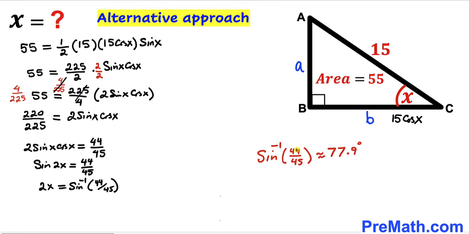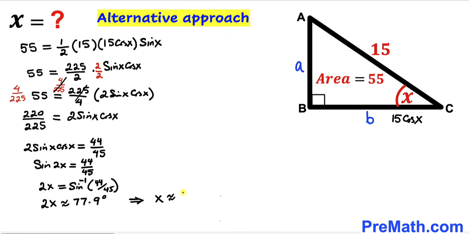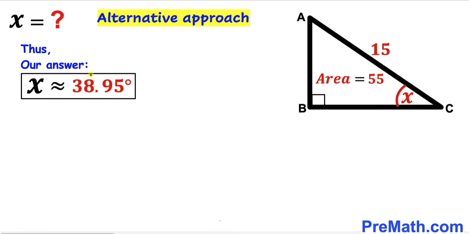And we know that sine inverse of 44 divided by 45 is approximately equal to 77.9 degrees. So therefore we can write 2x is approximately equal to 77.9 degrees. And if we divide both sides by 2, our angle x is going to be approximately equal to 38.95 degrees. So thus our angle x value turns out to be approximately equal to 38.95 degrees as well by using this second method.